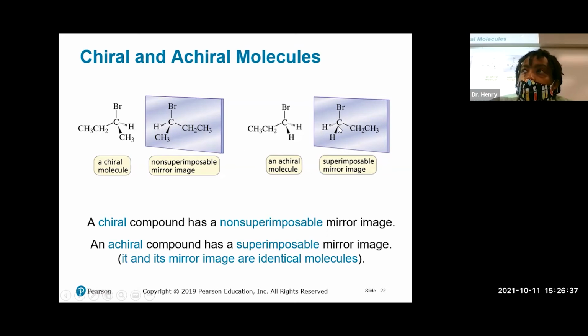If we flip this, it'll be exactly the same thing, because the C is rotatable, so all we're doing is rotating along the C axis. For the chiral one, even if I rotate on the C axis, these aren't going to be the same. Does that make sense? Can you guys see that?